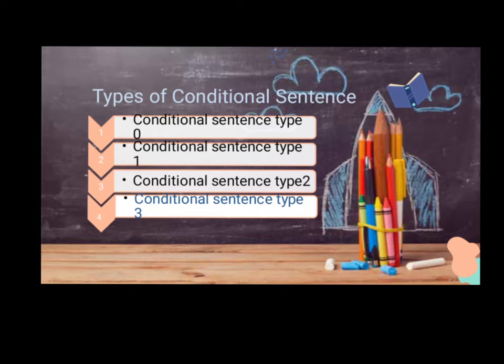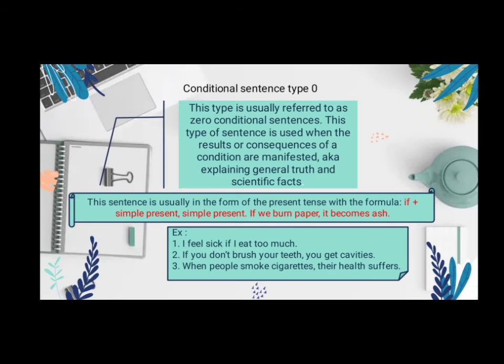Types of conditional sentence: conditional sentence type 0, type 1, type 2, type 3. Conditional sentence type 0 is usually referred to as the zero conditional sentence.